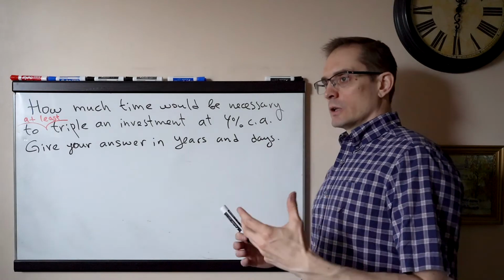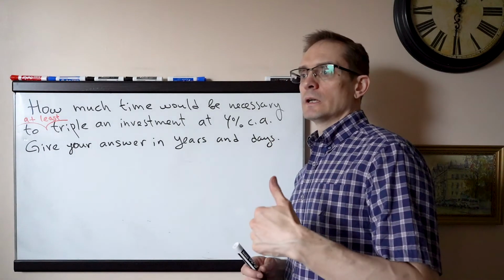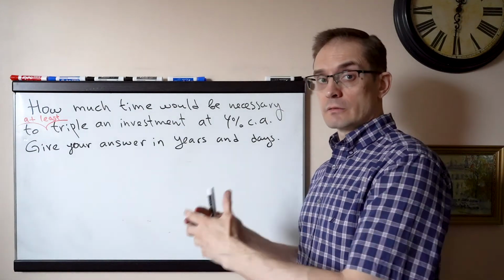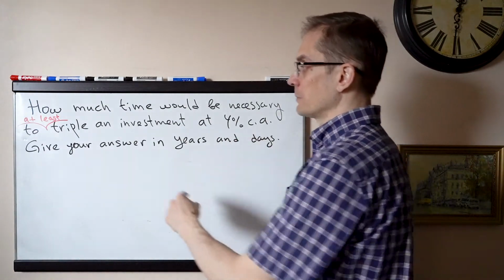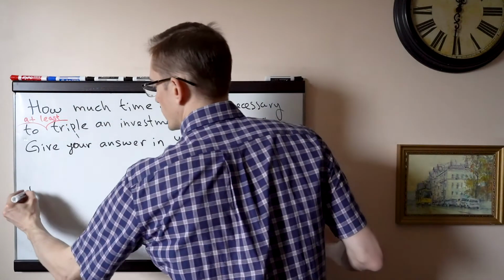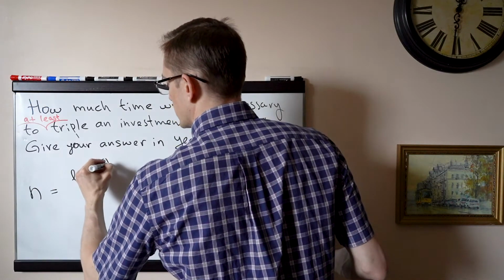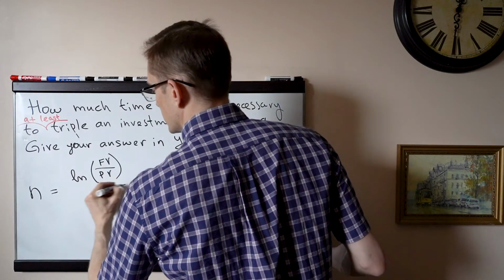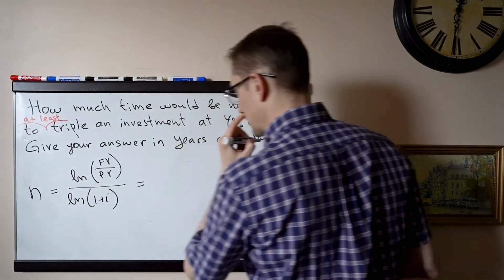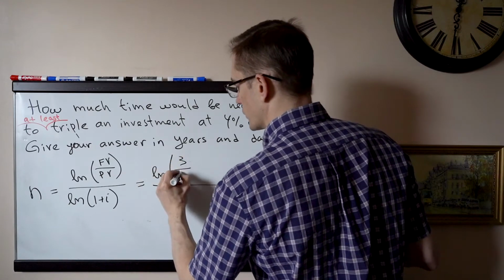Again, we will use the same logic, going for each dollar of that investment. So $1 must be $3 in this case, right? Because triple means becoming 3 times bigger. Our formula is logarithm of future value divided by present value, divided by logarithm of 1 plus i. So in this case, logarithm of 3 over 1, right?